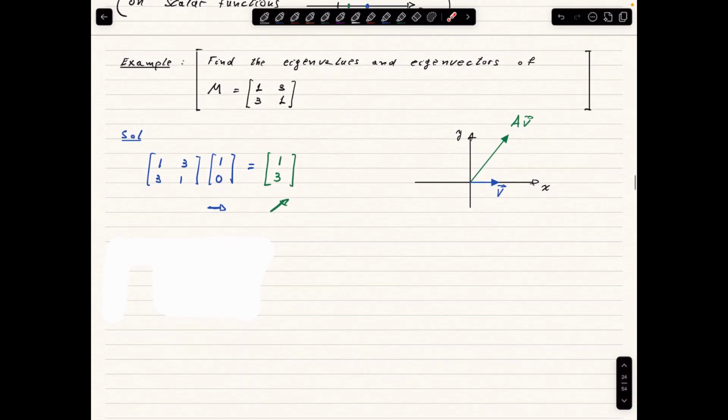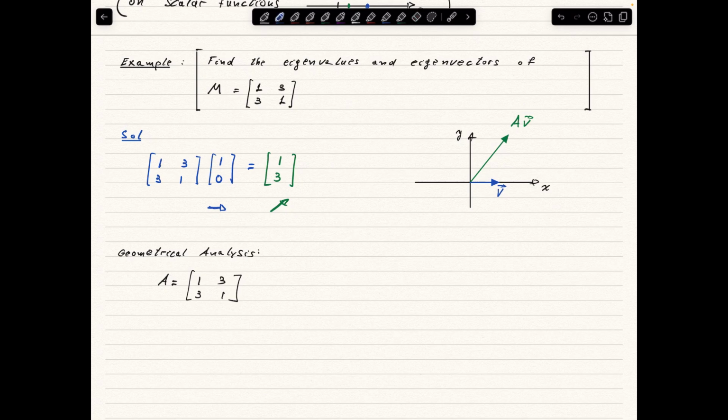So from our computing program, we see that the geometrical analysis says that this matrix 1 3 3 1 has eigenpairs given by V1.